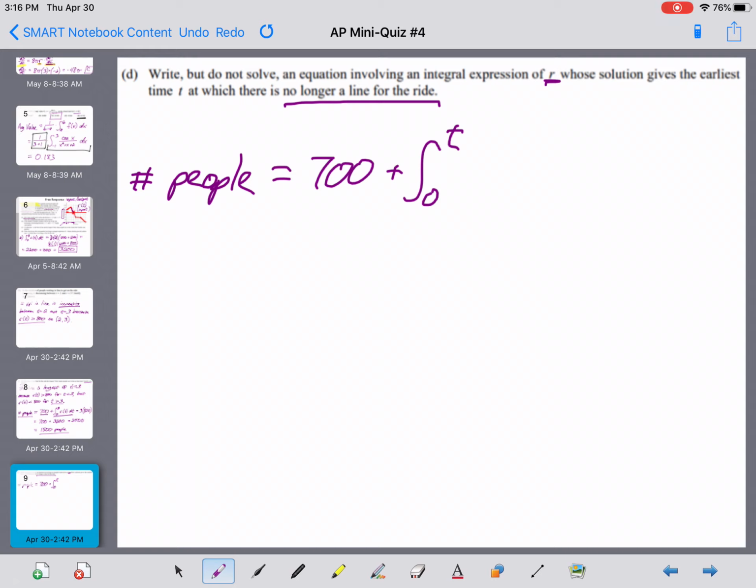Now, what a lot of you guys did that was technically incorrect in your work, I don't think they would take off for this, but a lot of you guys wrote r of t dt. The mistake you made is that you used one variable for the upper limit of integration, and then you used the exact same variable again within the integrand and as the variable of integration. And we're not supposed to do that.